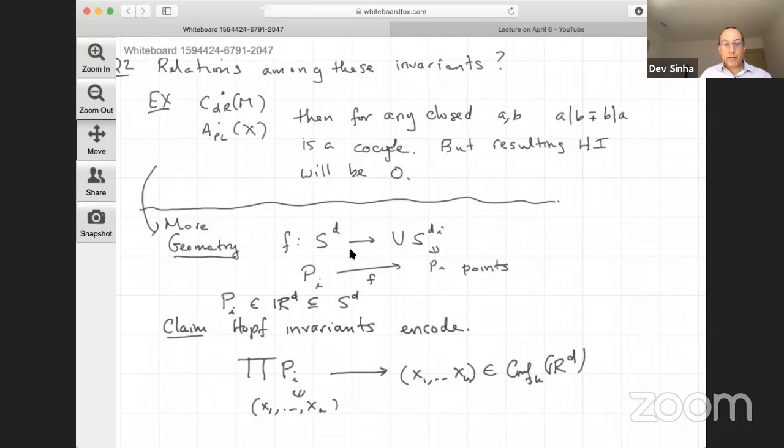So this is kind of a funny thing. It's funny, but it's then immediate, and it goes back to at least Gauss, probably exactly Gauss. So an example is if F maps S^3 to S^2 wedge S^2, then I've got P_1 and P_2 that look like this.